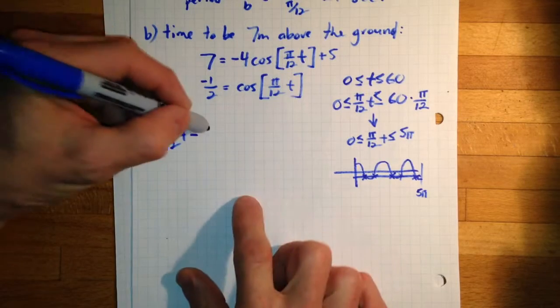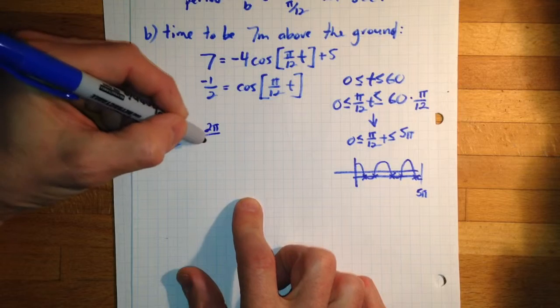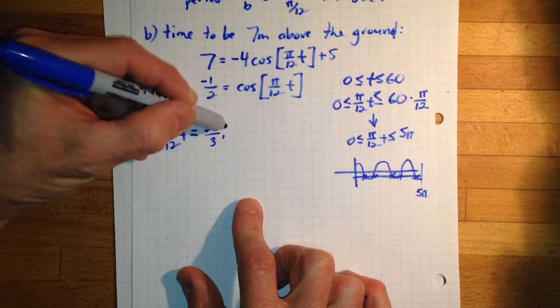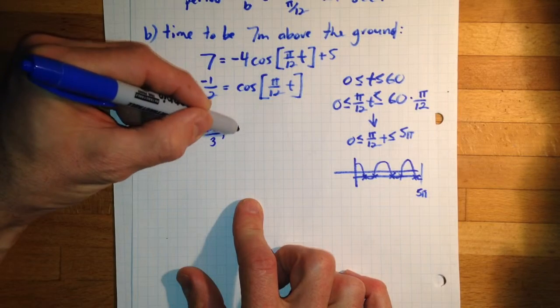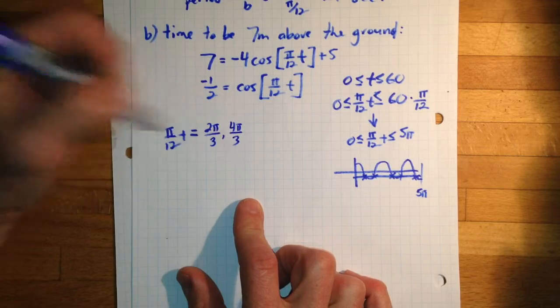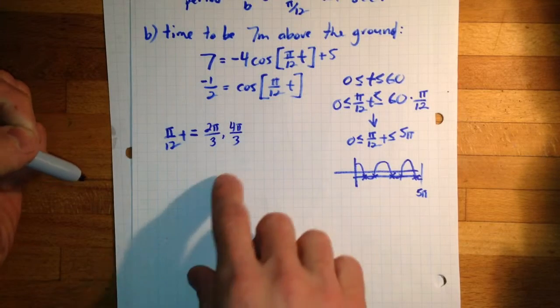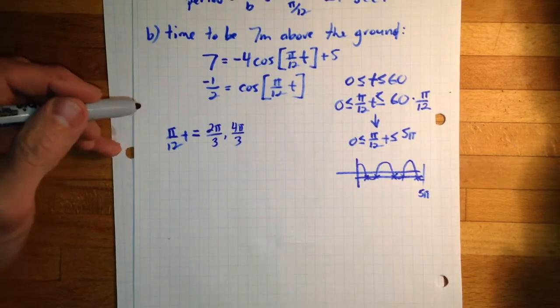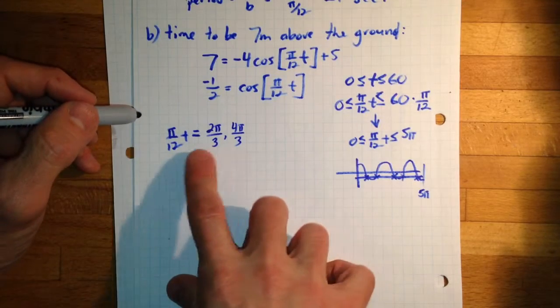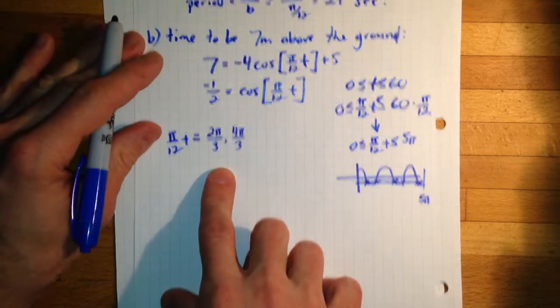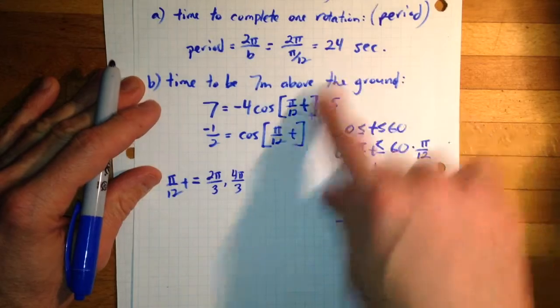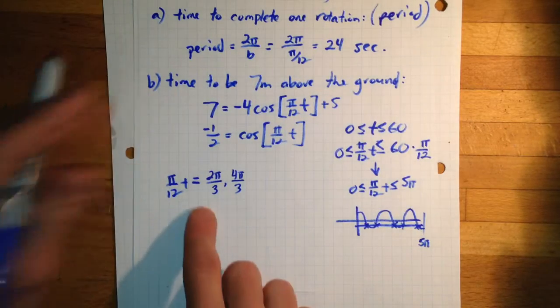Okay, at 2 pi over 3, or 120 degrees, and at 4 pi over 3. Okay, those are our 2 answers, and we know we're going to eventually have 5, but what I'm going to do is just find out what the answers are, and then because I know my period is 24, I'm just going to add 24 to the 2 sets of answers.